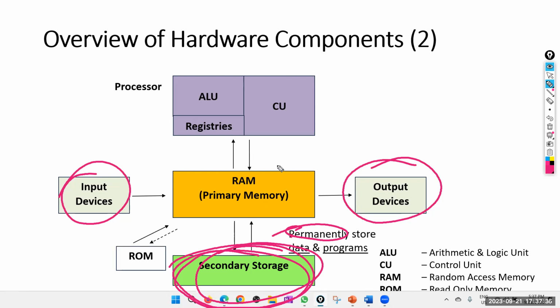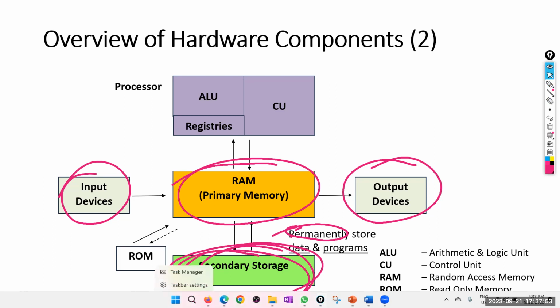So let's move on to RAM. Now think about it again. What is the purpose of RAM? For example, in my computer there are 8 GB of RAM.